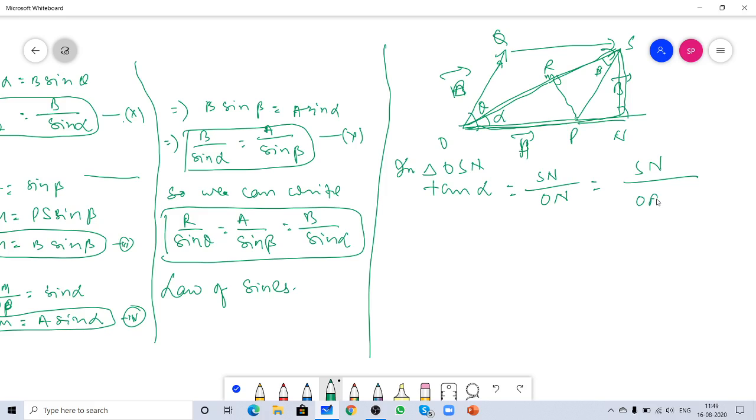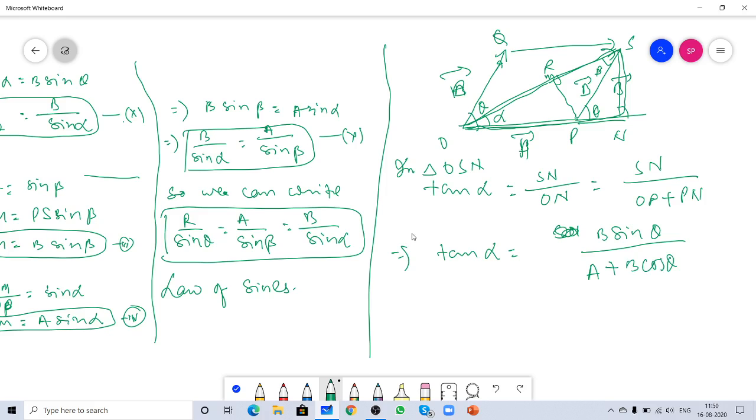So tan alpha is equal to Sn by On. Sn is, this is also theta, this is your B vector, so Sn is B sine theta, and Pn is B cos theta. So I can write B sine theta by OP, which is the A magnitude, A plus B cos theta.